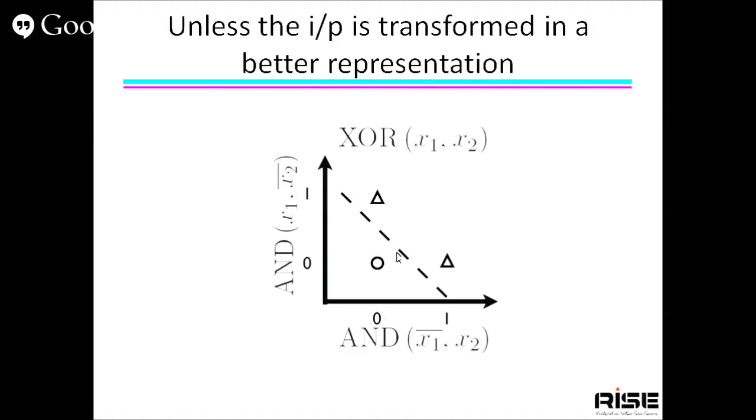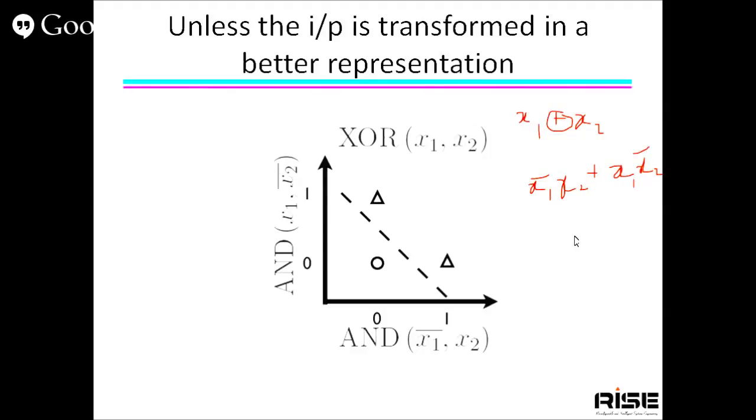So what he suggested to solve the XOR problem is this. Sorry for the slow writing. You want to compute x1 XOR x2, which can be written as x1 bar x2 plus x1 x2 bar, right?